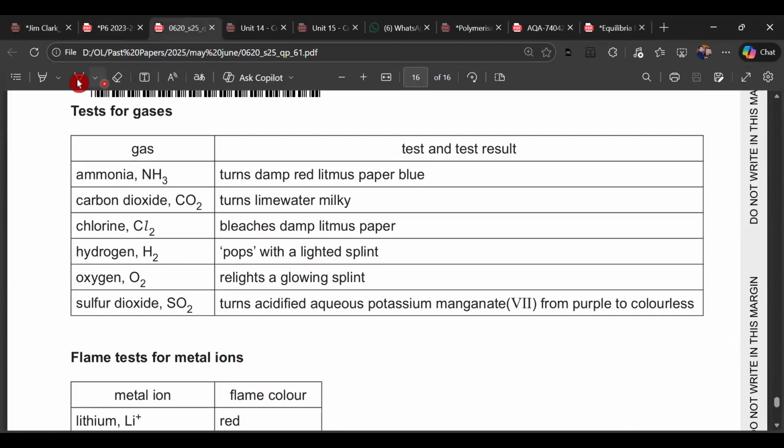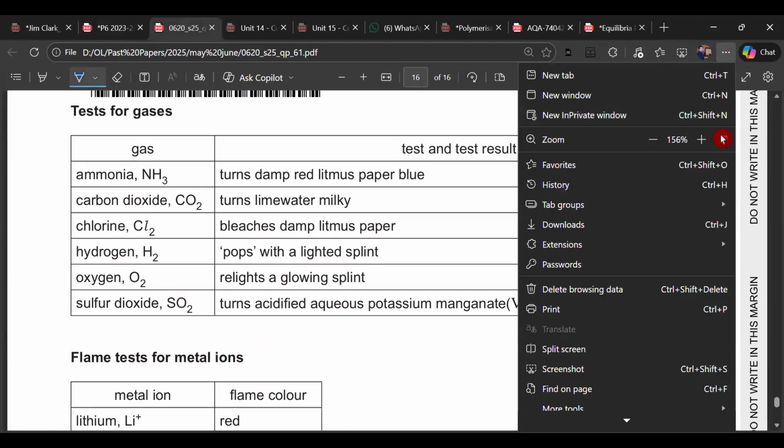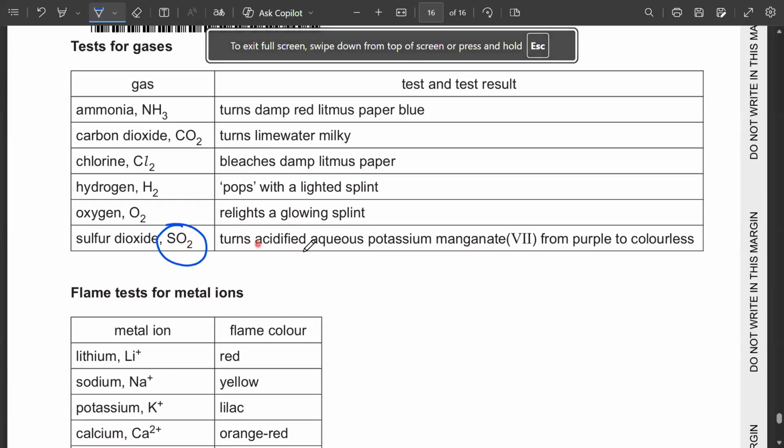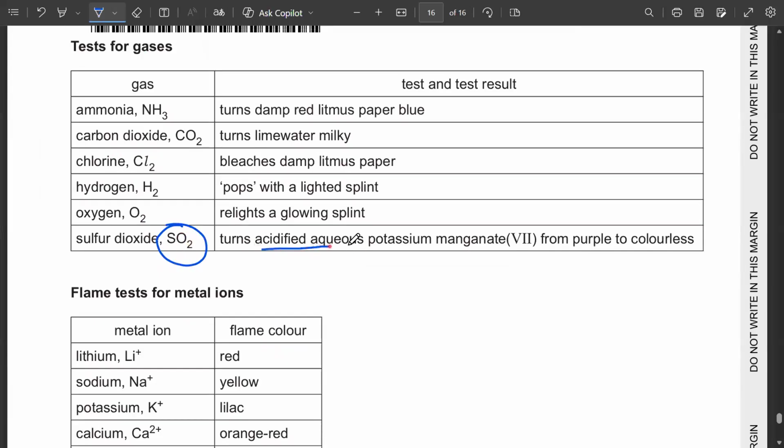This is a gas which is used here to check the presence, to check the identity. SO2 gas changes the color of potassium manganate from purple to colorless. So the SO2 gas must be coming in contact with the potassium manganate solution.